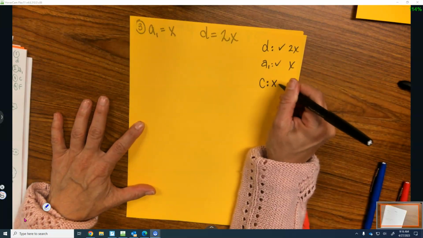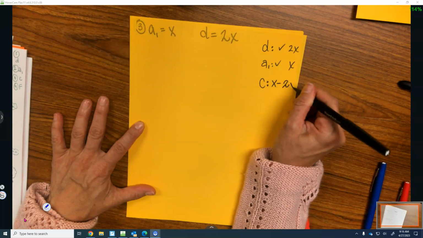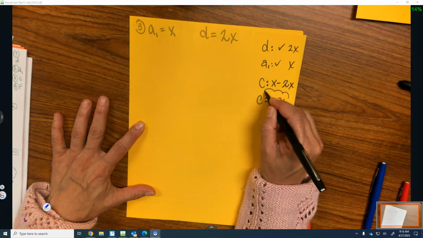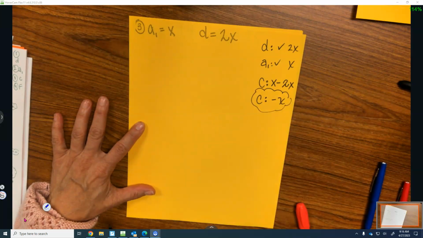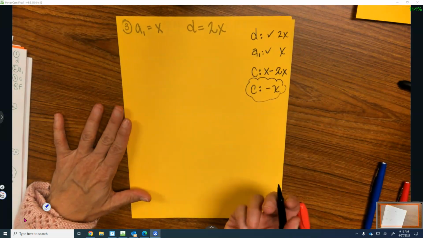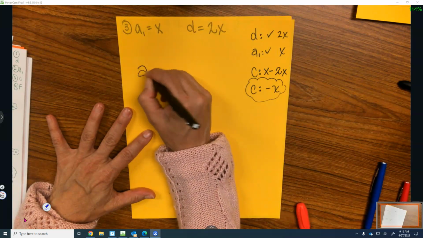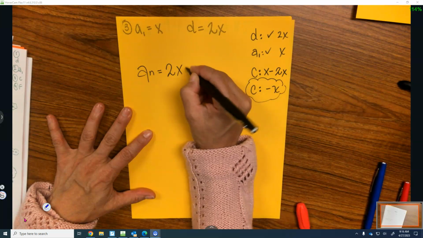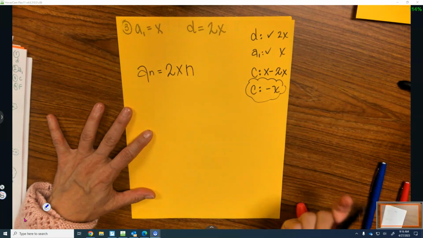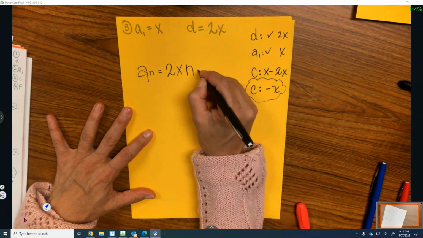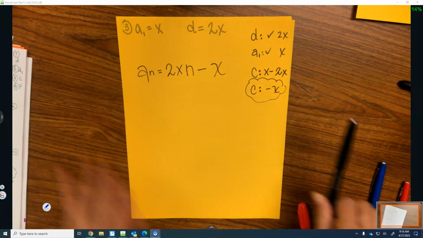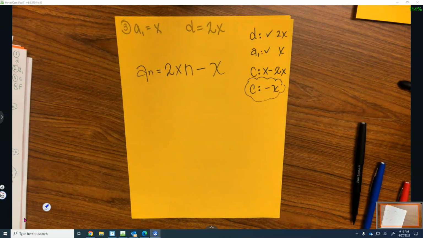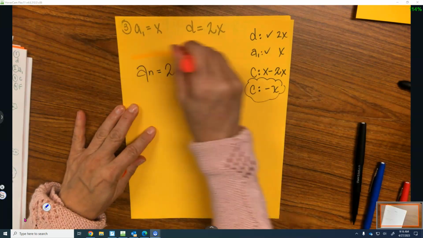So a1 minus d, our constant is going to be -x. So our formula is a sub n equals d times n minus the constant, or I'm sorry, with the constant. The constant is a negative, so it's -x. That's it.